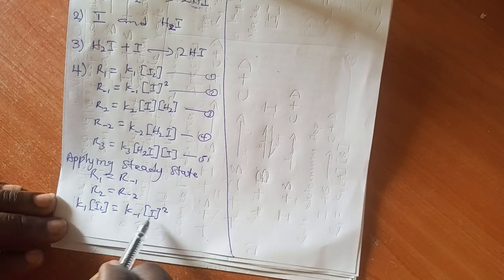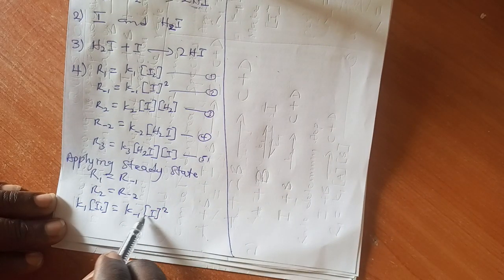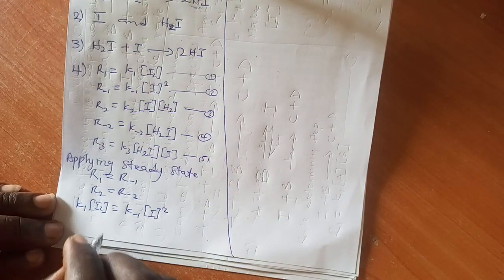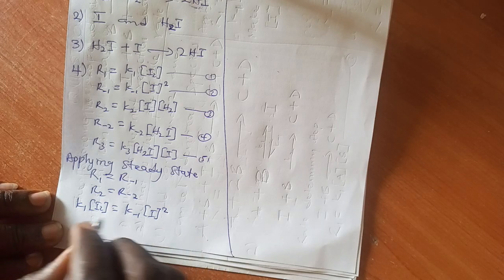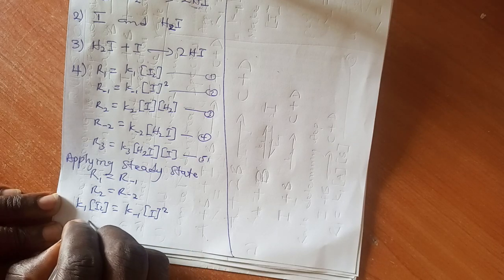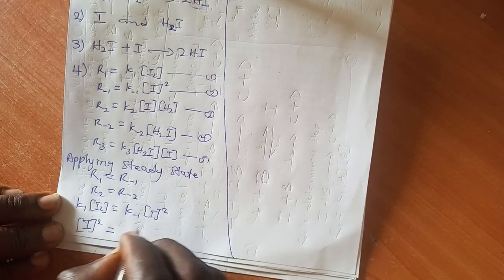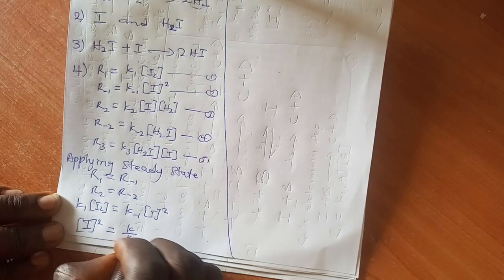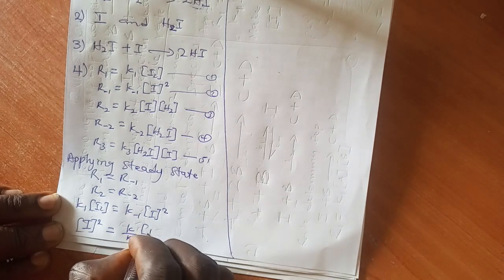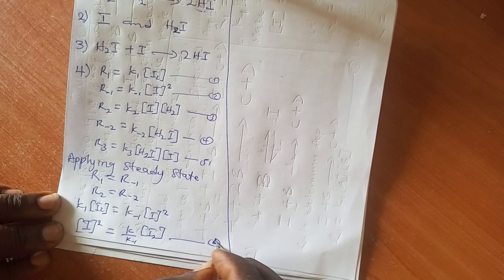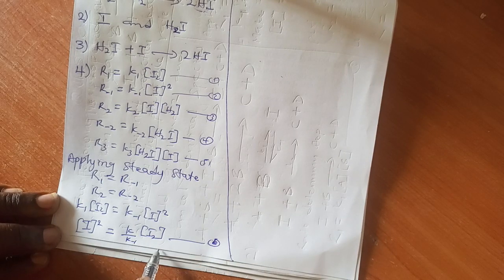Now what is my intermediate? My intermediate, as required, is my I. Since my intermediate is I, I will make I the subject of the formula. So I'm going to have I squared is equal to K1 over K minus 1, then I2. Let me call this equation 6.